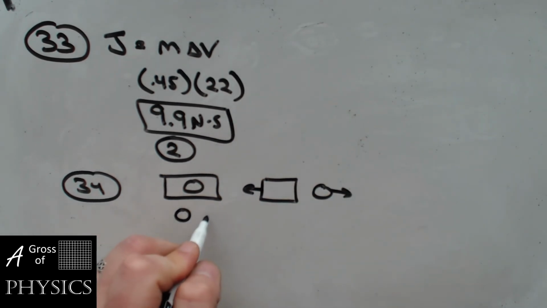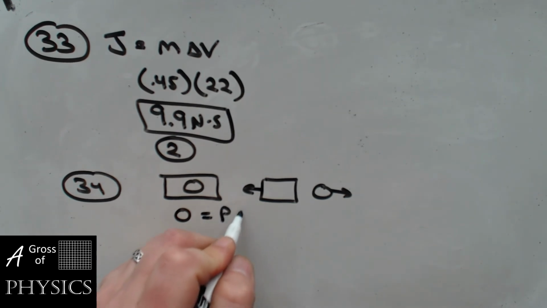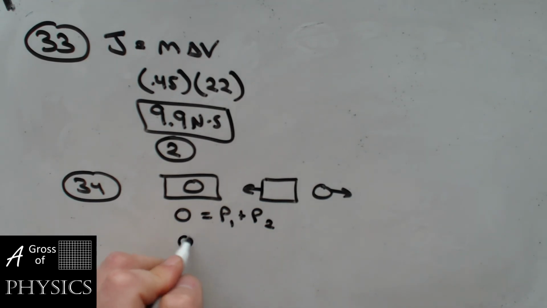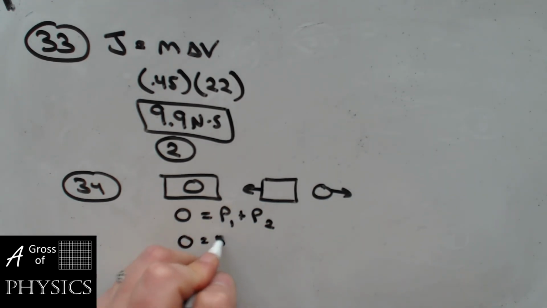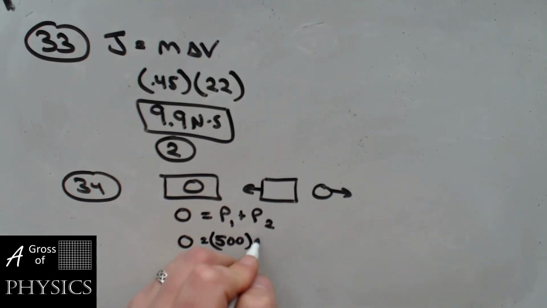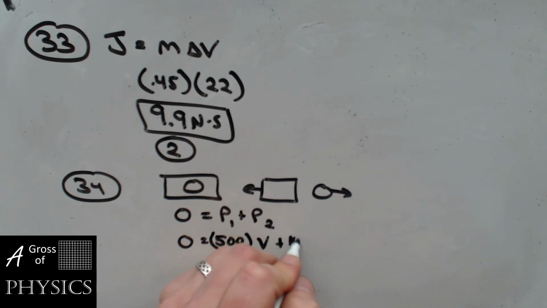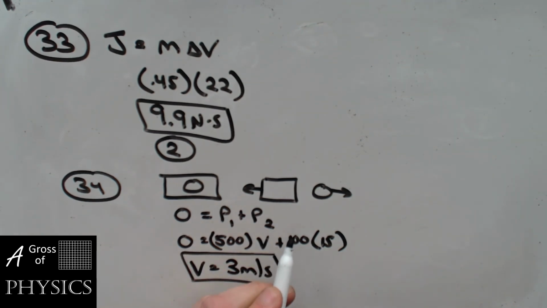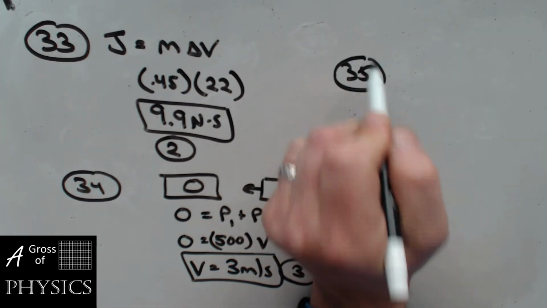So before it's 0 momentum equals P plus P. And 0 equals 500 for the cannon times I don't know, plus 100 times 15. So we're going to do 100 times 15. We're going to divide it by 500. And we're going to get the cannon recoil at 3 meters per second. Choice 3.